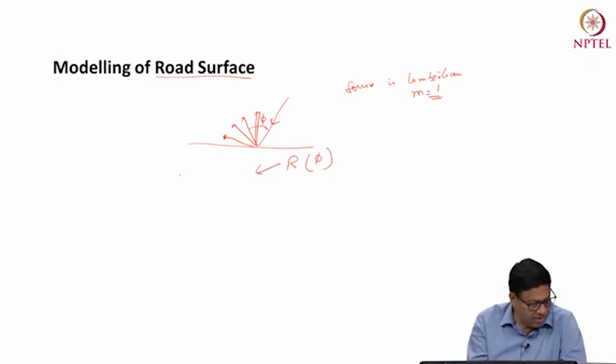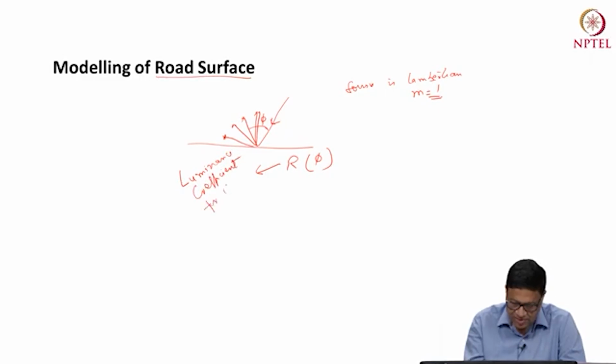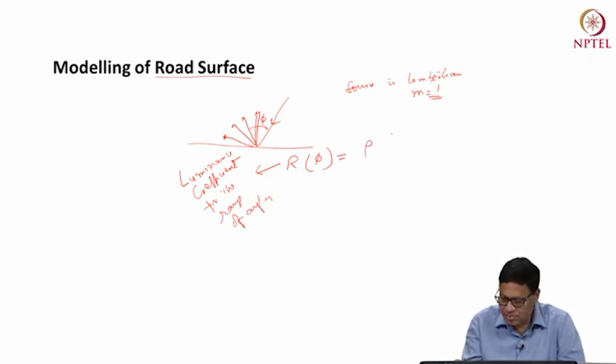So the R phi, which is the luminance coefficient for the range of angles, is given by rho cos phi divided by pi.